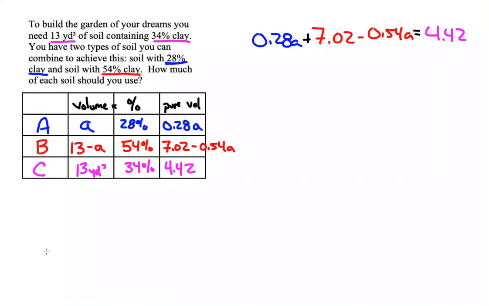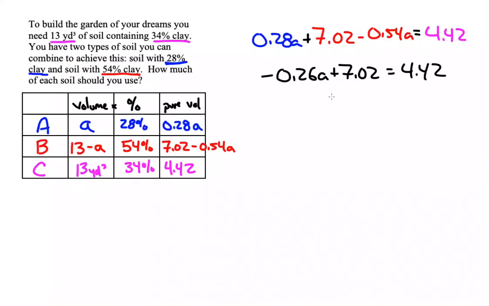So now, this is just like the equations we've been doing. This is just a multi-step equation. The first thing I would do is combine my terms, 0.28A minus 0.54A. If I put that together, that's going to be minus 0.26A. Bring this down, plus 7.02, that's going to equal 4.42.